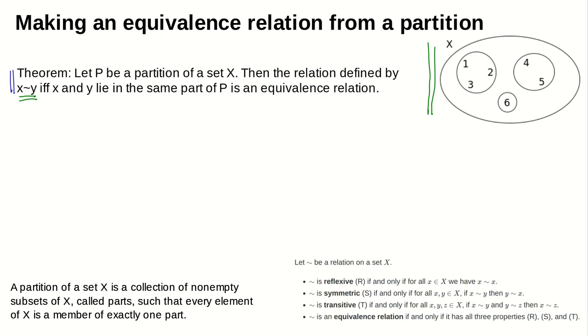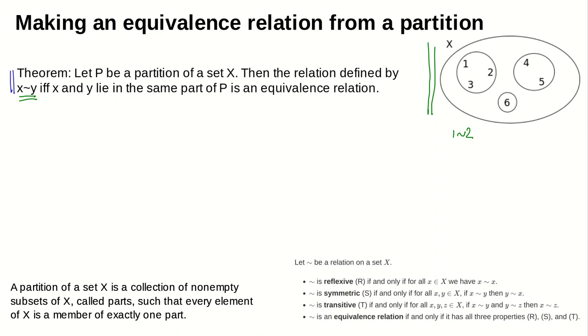So what it says is we define a relation by x is related to y, x tilde y, if and only if x and y lie in the same part of the partition. So here the partition consisted of the set containing 1, 2 and 3, the set containing 4 and 5, and the set just containing 6. So because 1 and 2 lie in the same part, we would have 1 is related to 2.